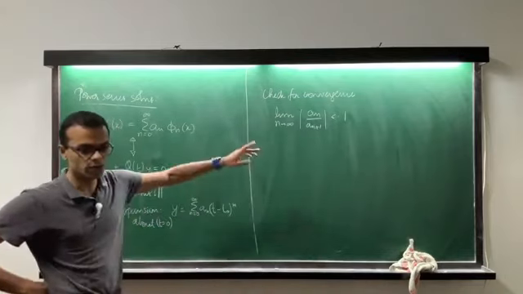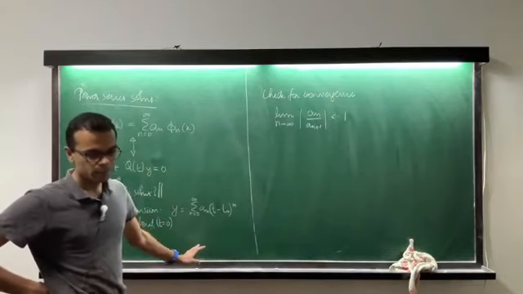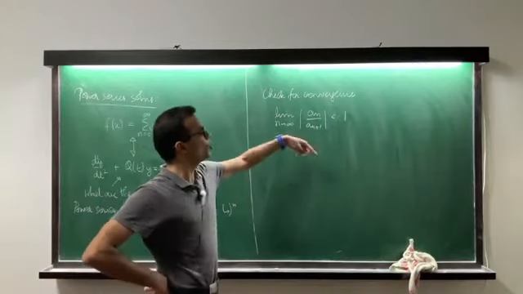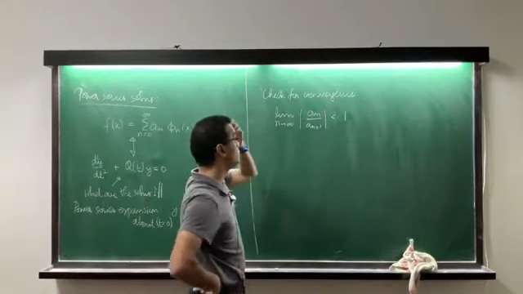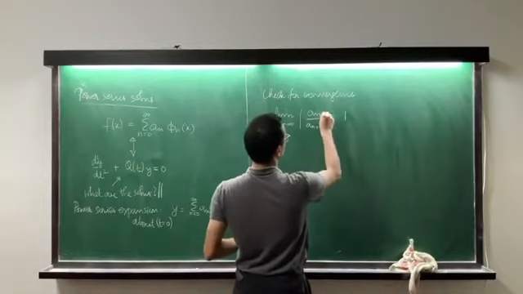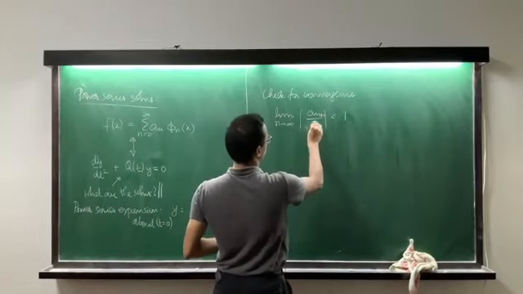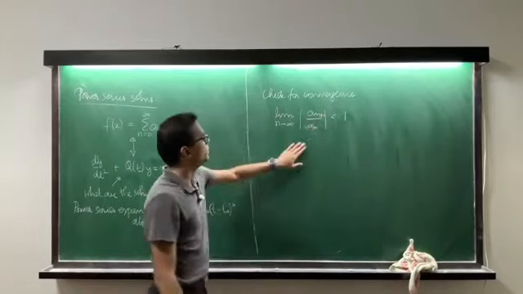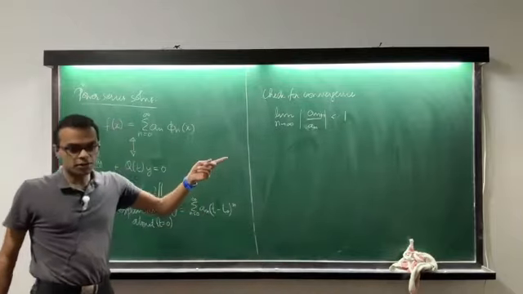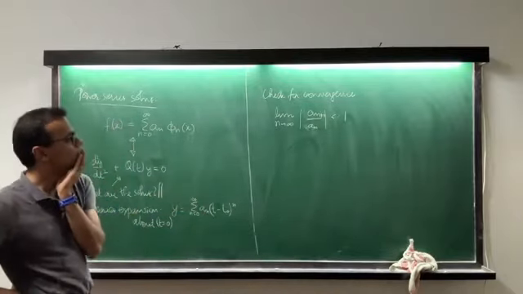Okay, if it's bounded, then it's going to converge. Sorry, it should be a_(n+1) by a_n. Which means that progressively the terms are becoming smaller and smaller. Okay, so that's what this means.